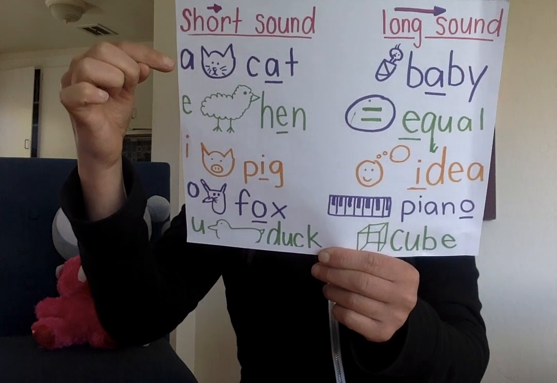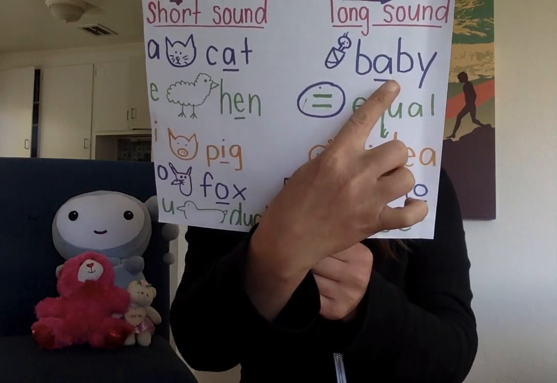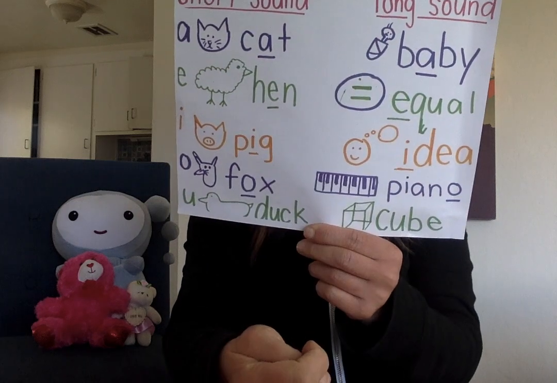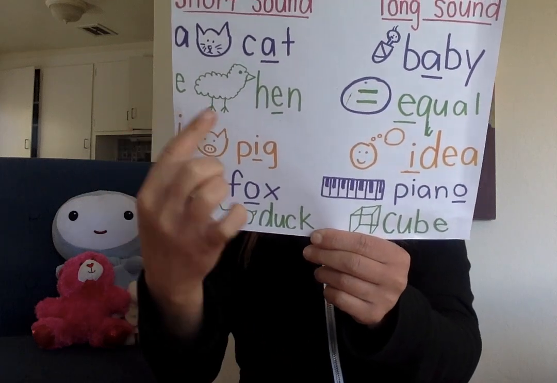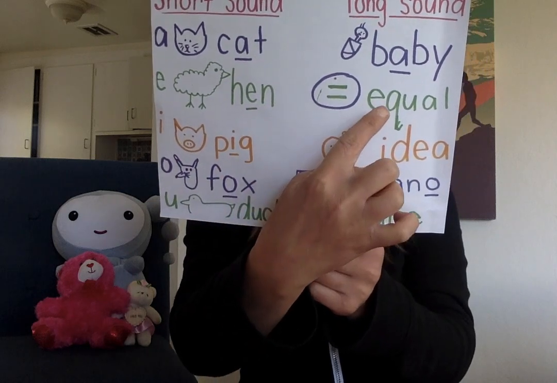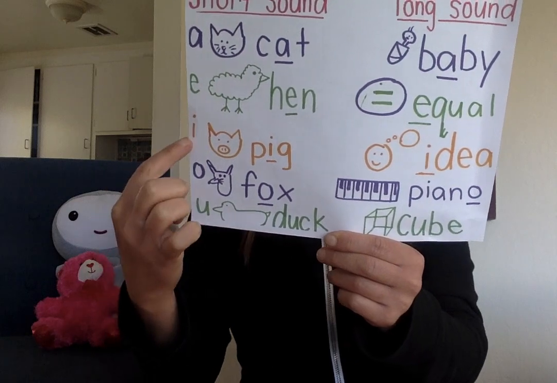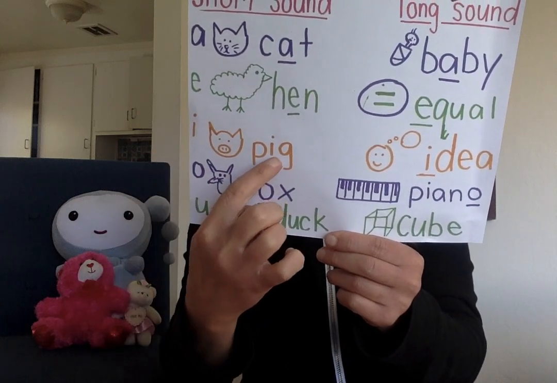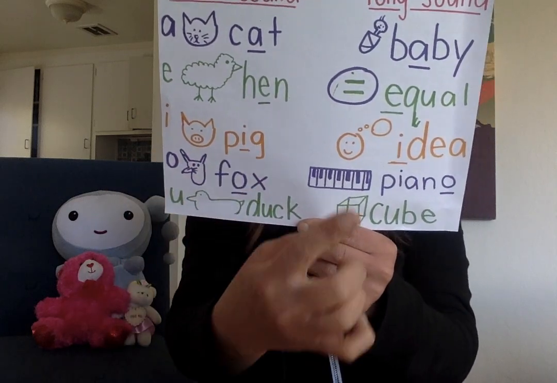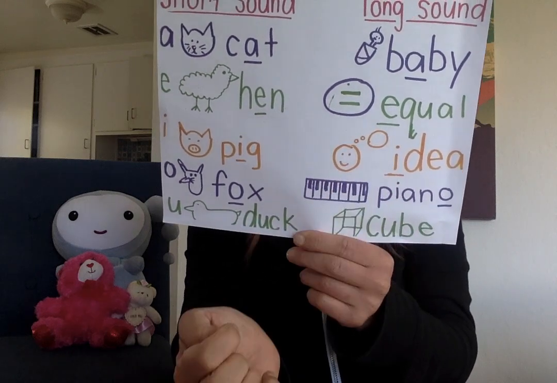So A says a, like in cat, and A, like in baby. E says e, like in hen, and E, like in equal. I says i, like in pig, and I, like in idea.